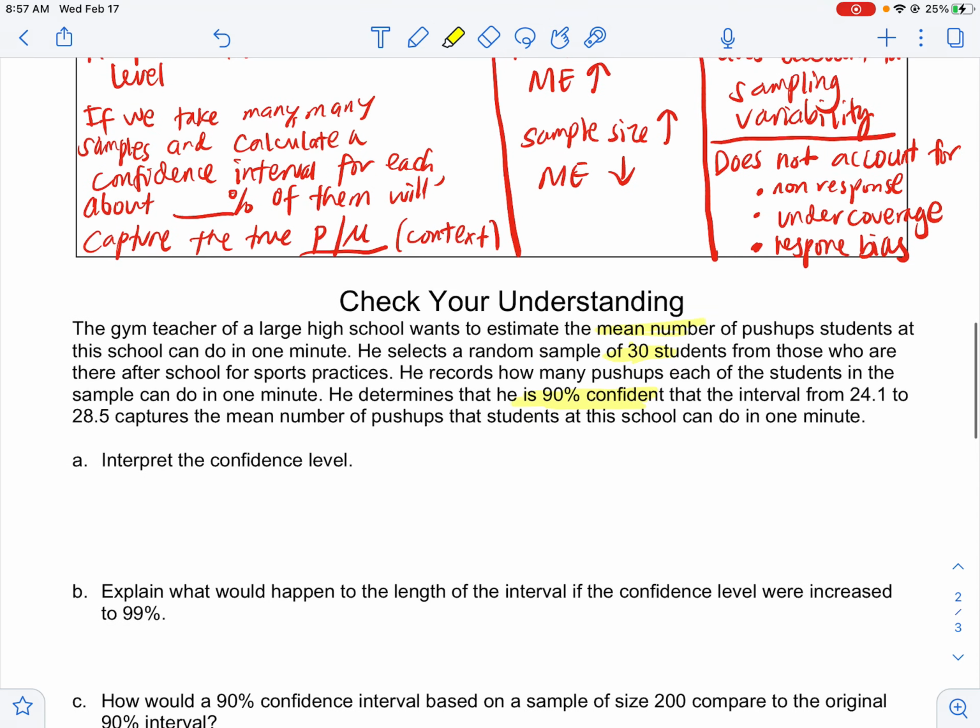Interpret this confidence level. We're not interpreting the confidence interval, but we are interpreting the confidence level. Okay?